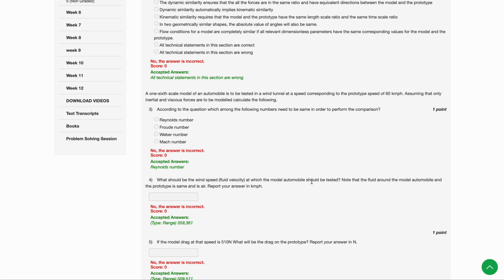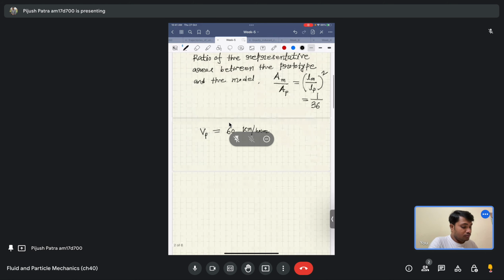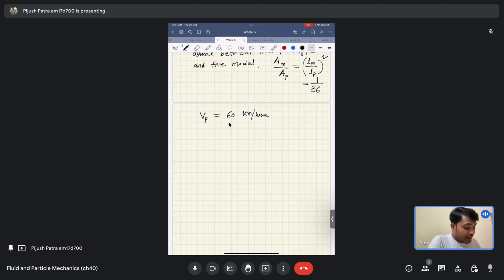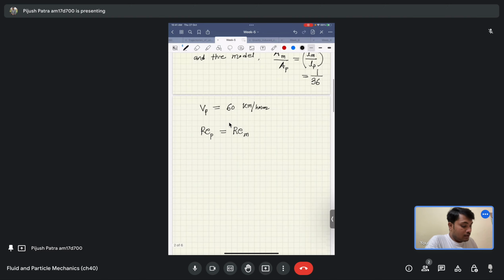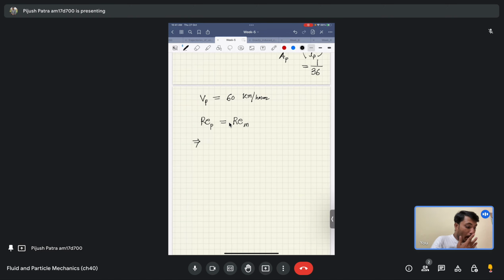So the fluid around the model automobile and the prototype is the same and is air. So they are saying that what should be the wind speed at which the model automobile should be tested. Okay. So the Reynolds number for the prototype must be equal to the Reynolds number of the model, as simple as that. Okay. What is the Reynolds number of the model and the prototype?